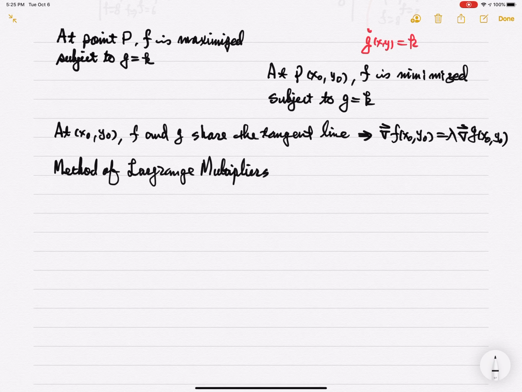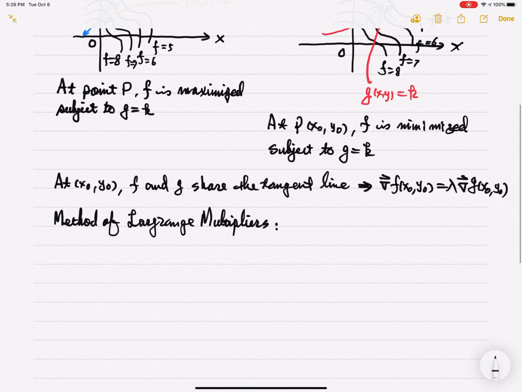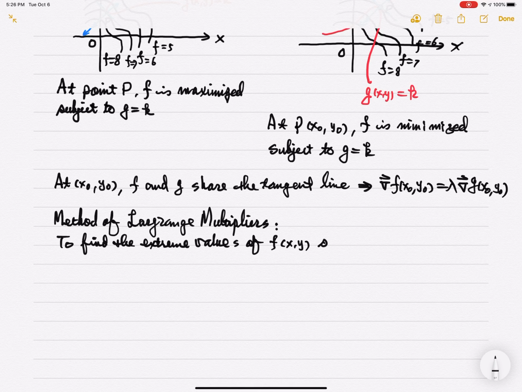So here we say the method is like this. To find the extreme values of f(x, y) subject to g(x, y) equal to k, we're going to do two steps.